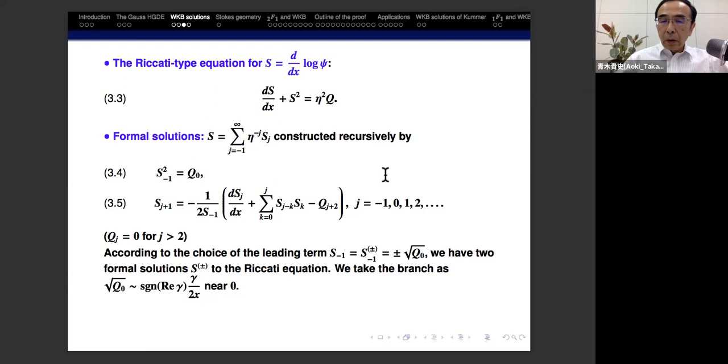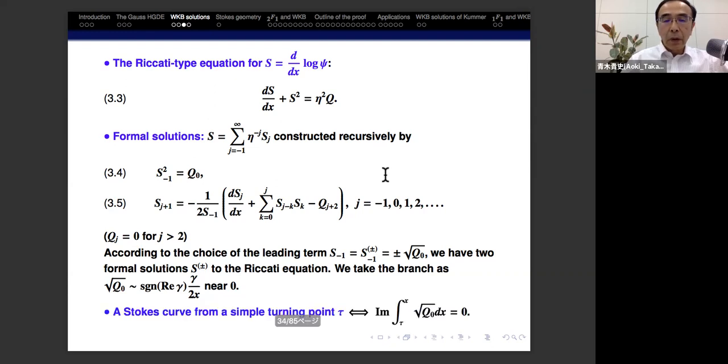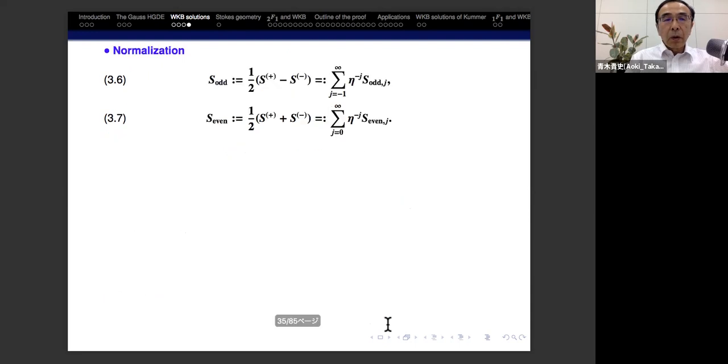And a Stokes curve emanating from a simple turning point, tau, is defined by this analytic equation. Next, we introduce S odd and S even.